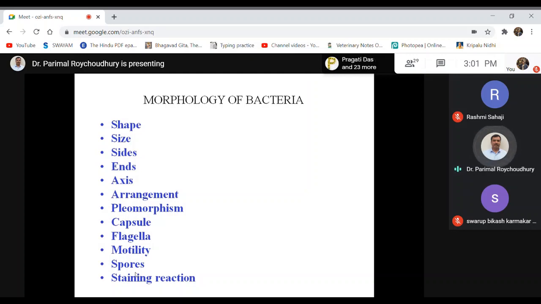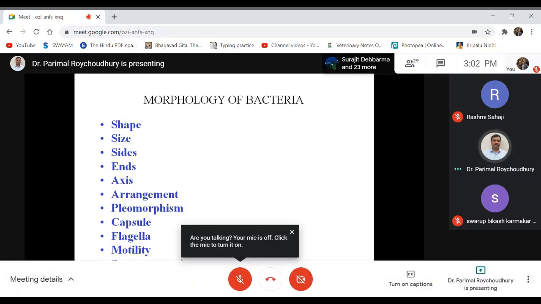Whenever they get the opportunity, they can germinate into the vegetative form and can produce very severe disease in animals and humans. So if you know that your target organism is a spore-forming bacterium, then try to see the spores by the spore staining method, and how the spores look. Is it central, terminal, or bulging, non-bulging? I guess these things you already studied in the theory.